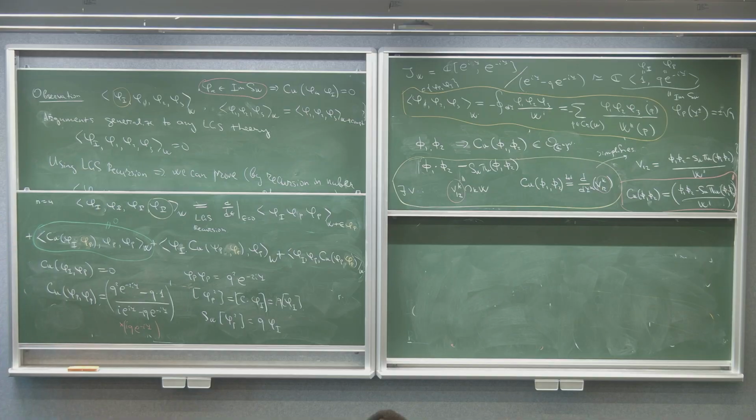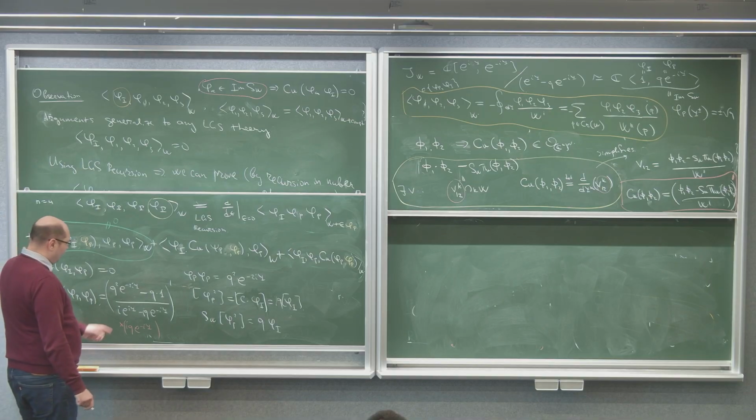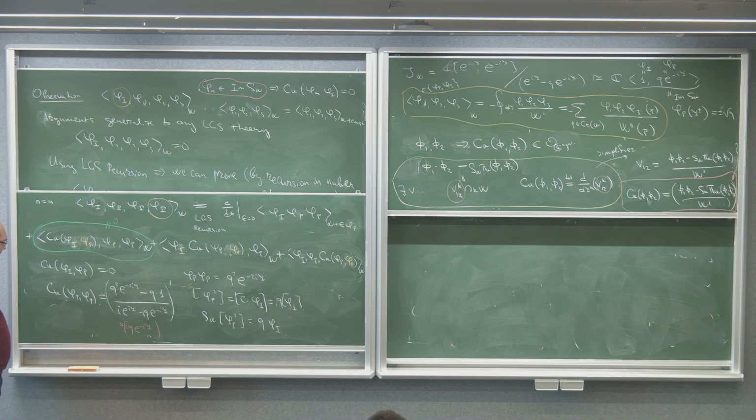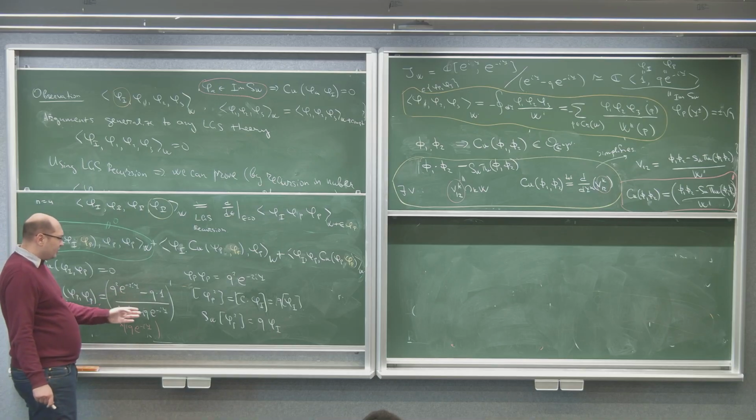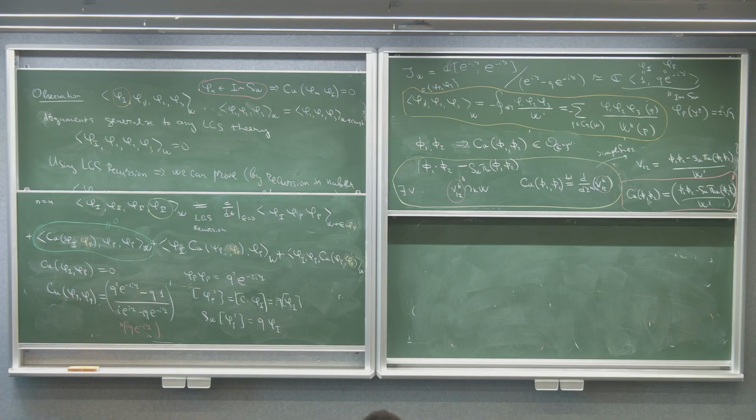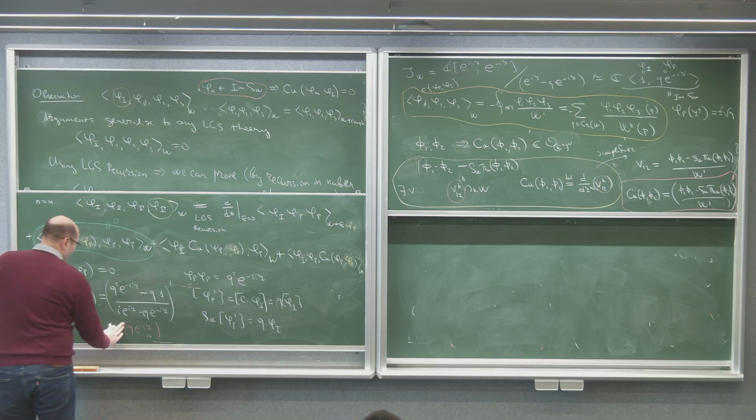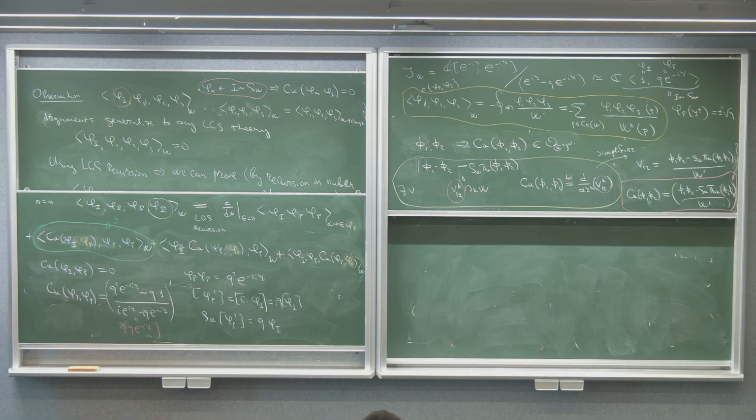So therefore, if I multiply the numerator and denominator by this term, I will get cancellation between the original numerator and the modified denominator. So this ratio is equal to this term.